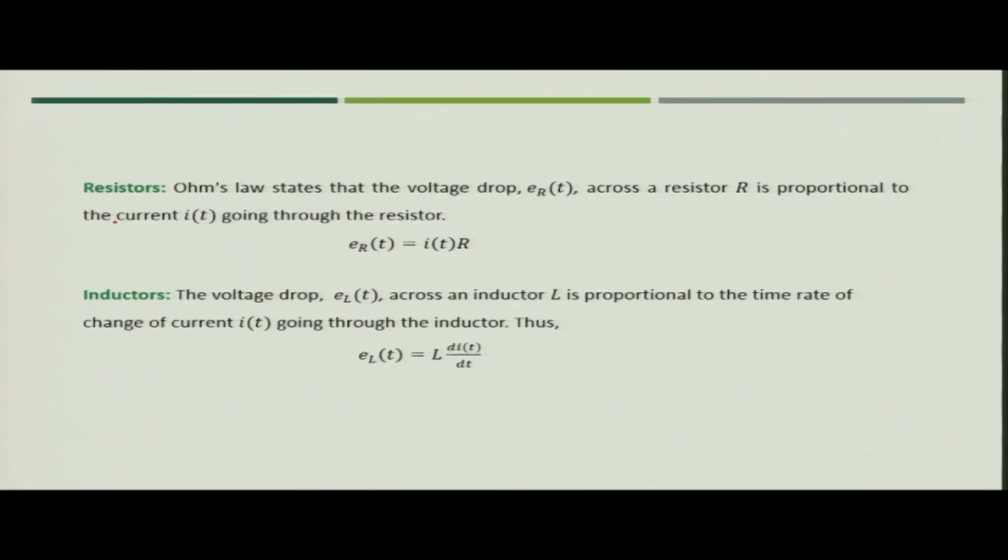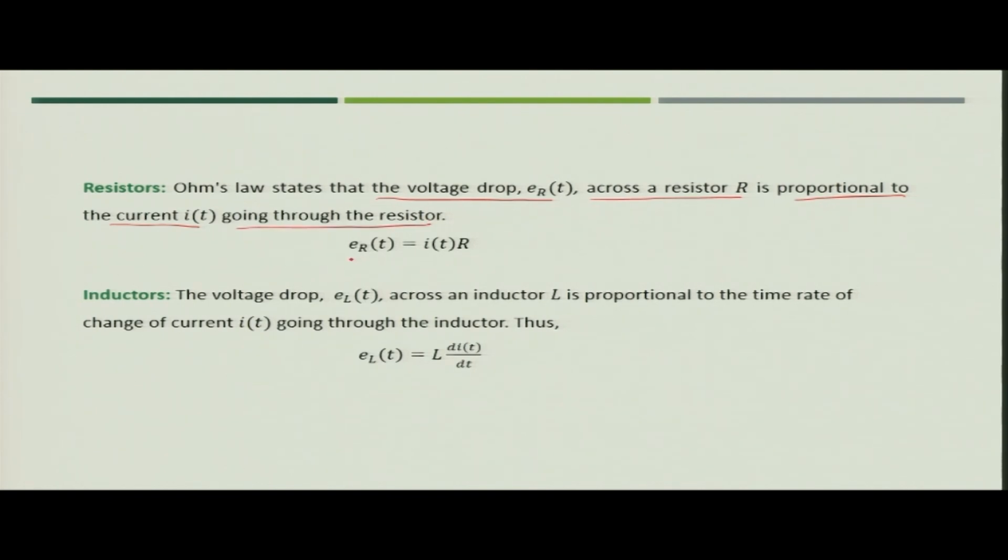Now, let us see what the governing equations and the laws are that we have discussed till now. For resistors, Ohm's law defines the voltage drop across the resistor, and it says that the voltage drop, that is ER, across a resistor is proportional to the current I flowing through the resistor.